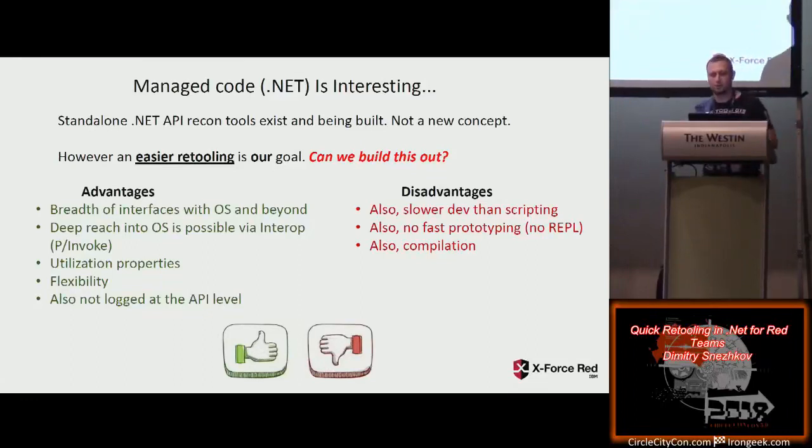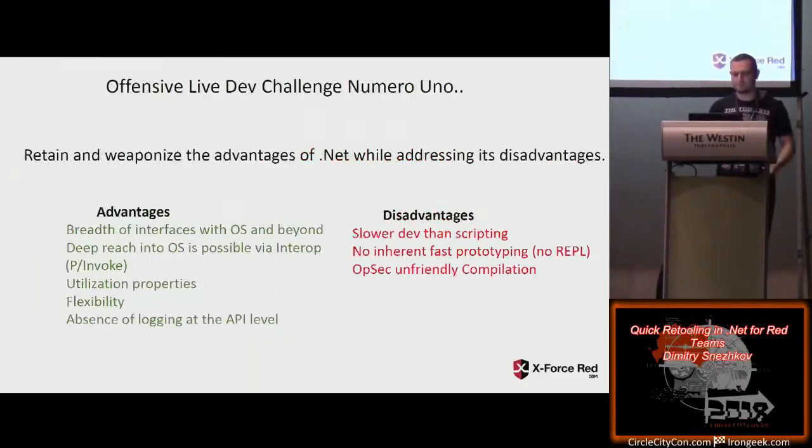But there are disadvantages. Slower development time. It is a statically typed environment, right? We have to be able to develop really fast. There is no REPL in it, right? You can't really evaluate your expressions right off the bat, or at least you need to build the environment so you can actually do this. And compilation is a big issue, as we will see.